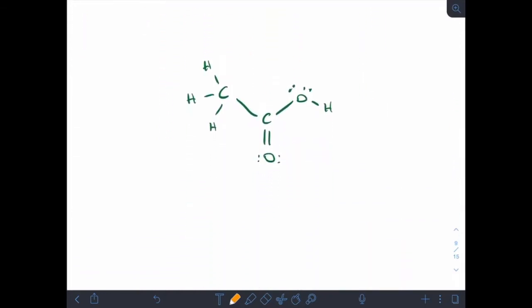But let's take a look at this particular thing. So we have 3 central atoms in this molecule. I've got this carbon, and this oxygen. So let's take a look at the hybridization around each one of those. Our carbon on the left has 4 areas of electrons, so sp3.